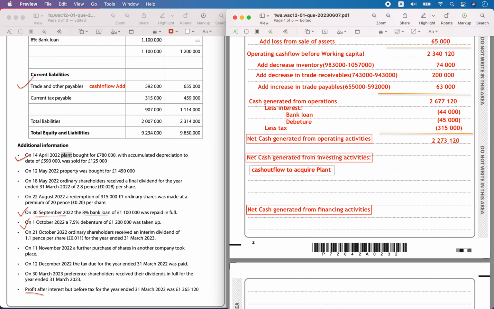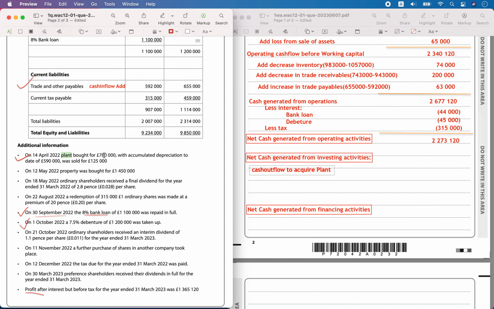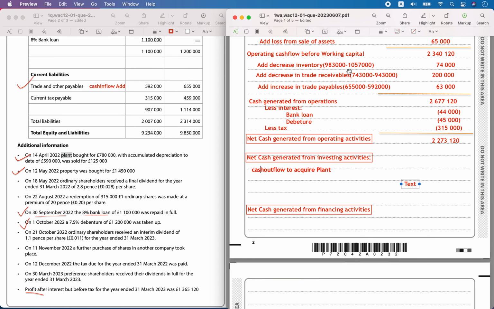What was that? It is going to be equal to this one. So what was bought? That is 1450,000. This was paid, so I will have to subtract.